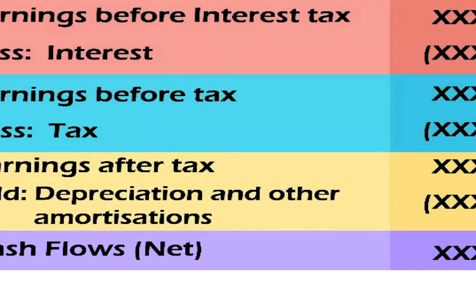What is left is earnings after tax. They are called cash flows after tax. And we shall add depreciation again to the figure so arrived. So we will get cash flows. This way we shall compute our net cash inflows.